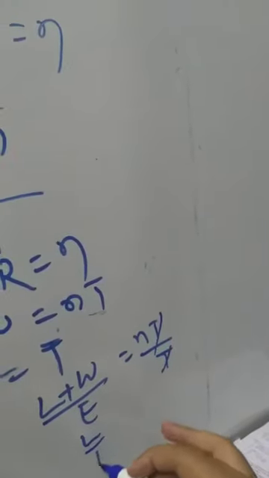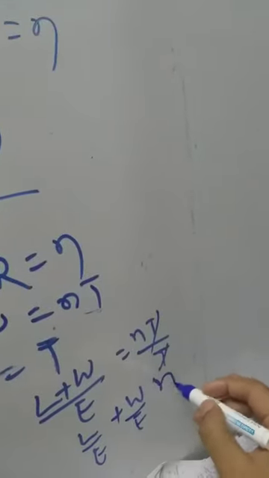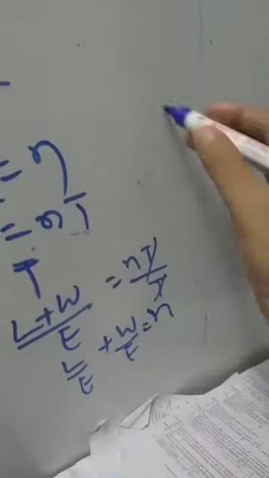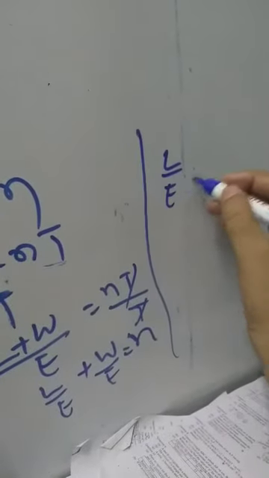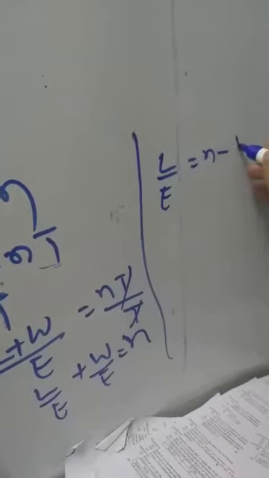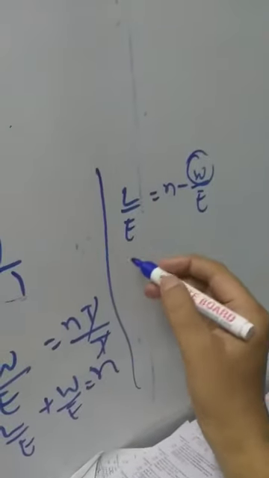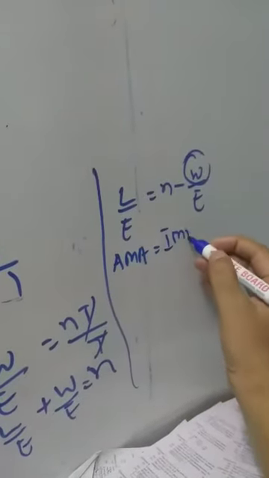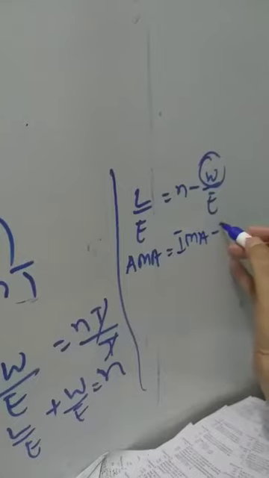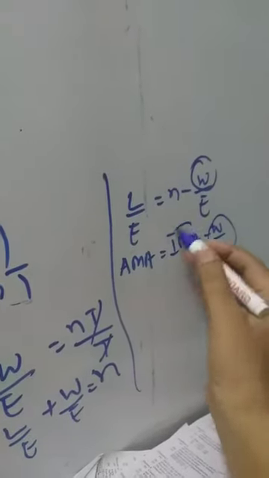So L by E plus W by E is equal to N. Again here you can write that L by E is equal to N minus W by E, where W is the weight of the moving part of the machine. So the actual mechanical advantage is again equal to ideal mechanical advantage minus weight of the machine by effort. So it is something less than the ideal mechanical advantage.